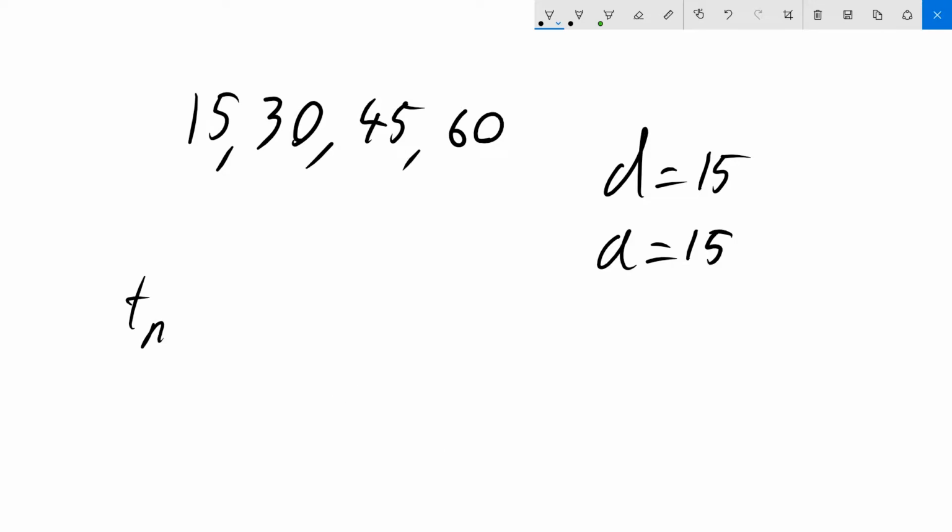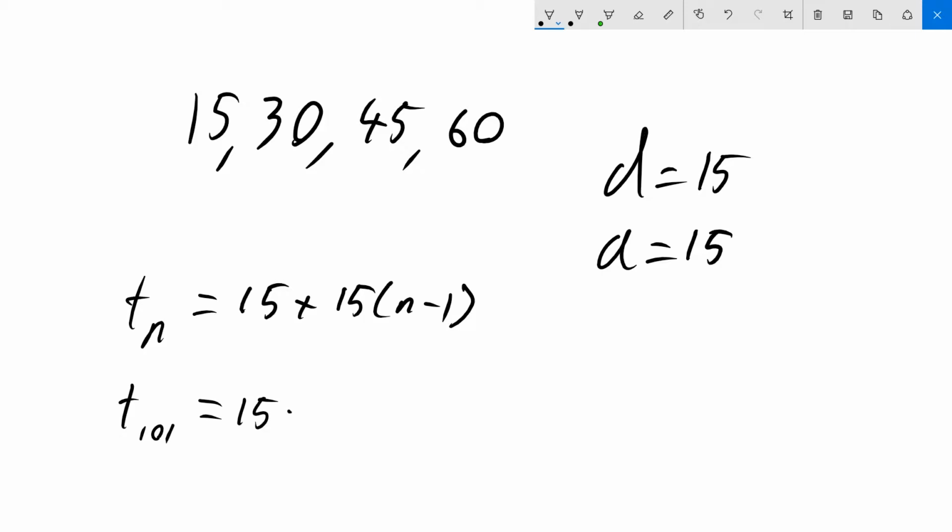We can now say that Tn is equal to 15 plus 15 lots of n minus 1, right? So if we want the 100th term, for example, no, let's work out the 101st term just to make things a little bit easier, right?